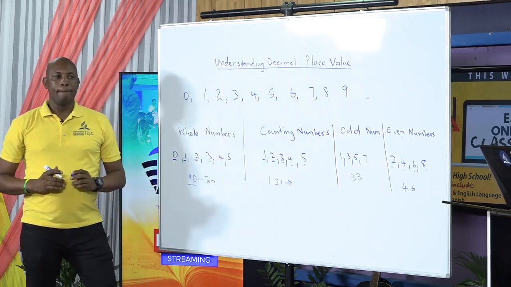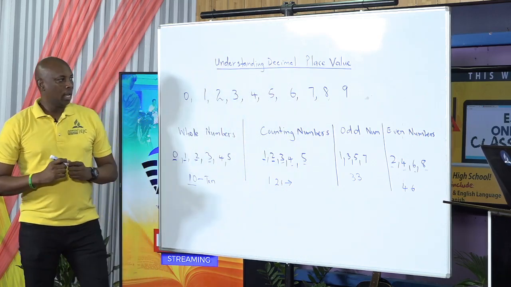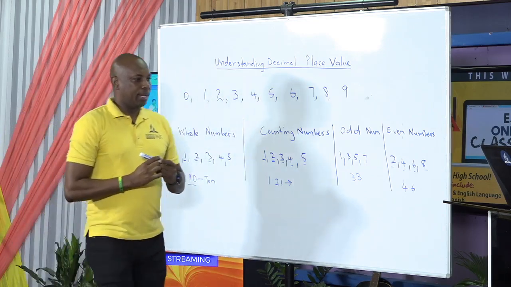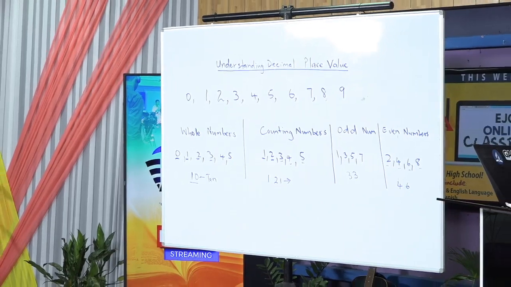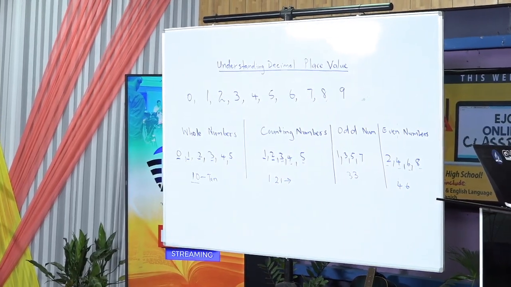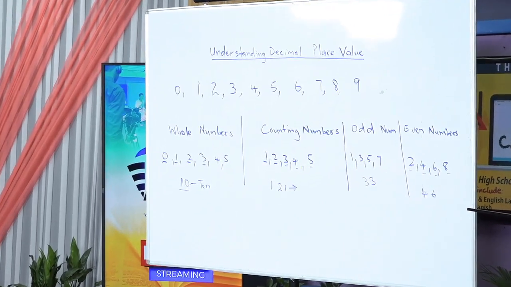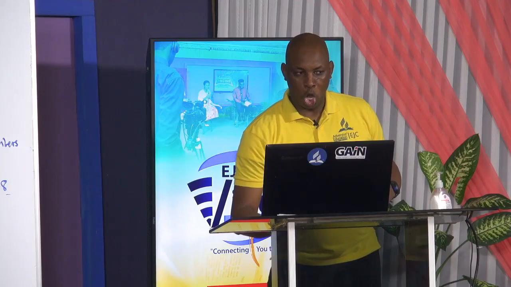Now today, we are going to be looking at understanding decimal place value. And so, I want you to look at this image that I'm going to be putting on the screen.